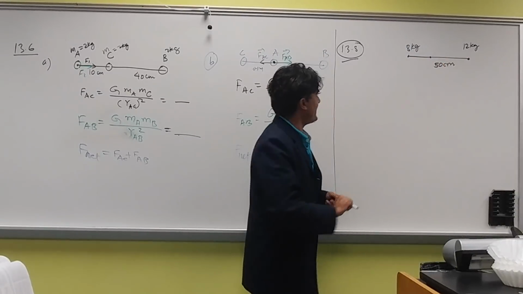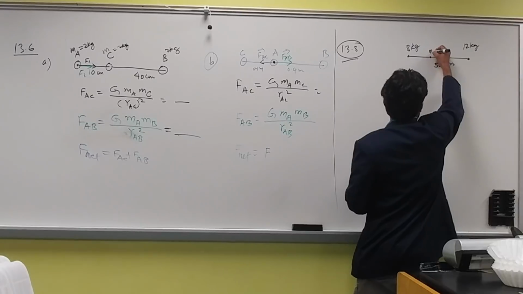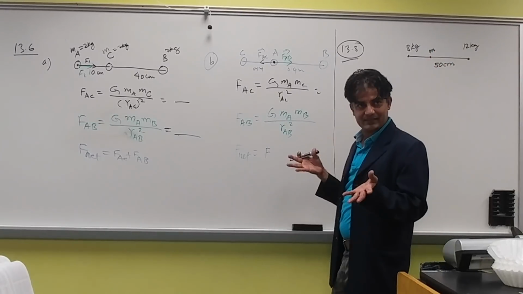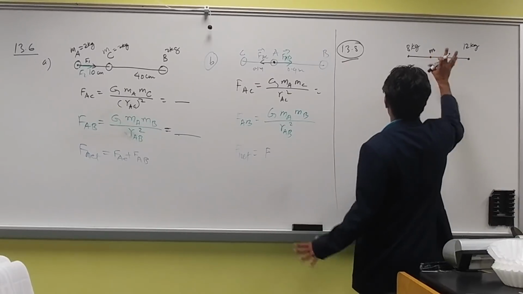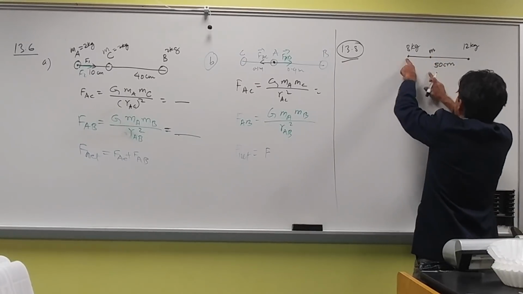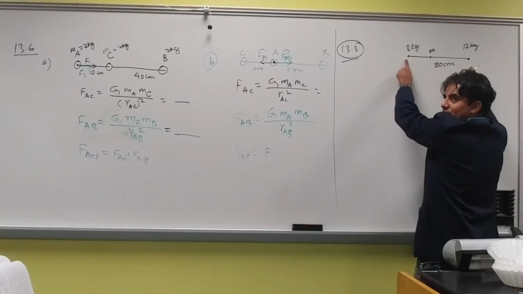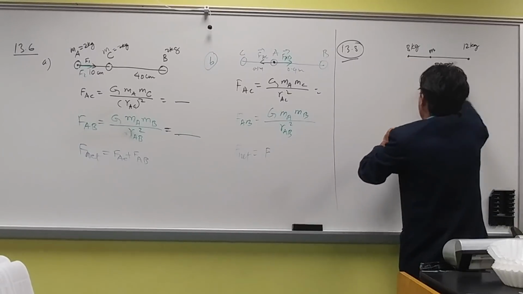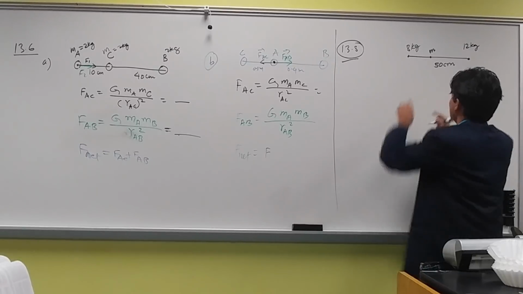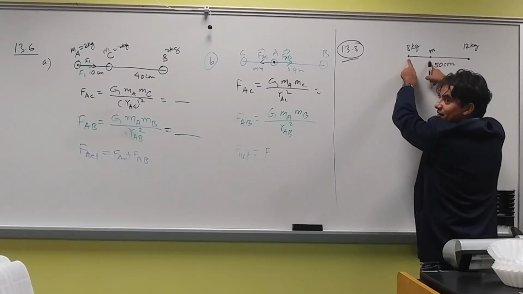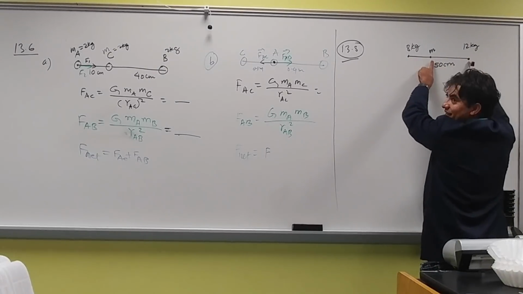You have a mass m placed here and then let it go. Now this guy will pull this side, this guy will pull that side, right? I don't know which one will win for now, because this is small but closer, this is big but quite far.